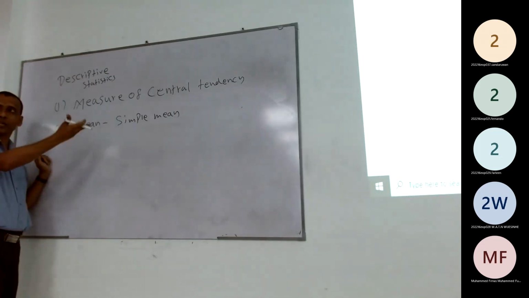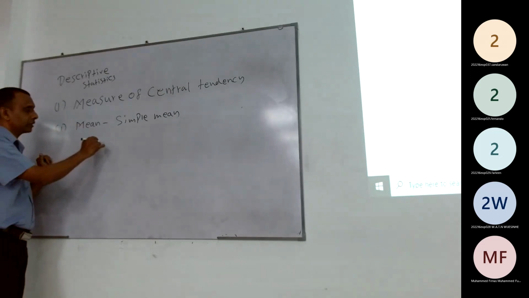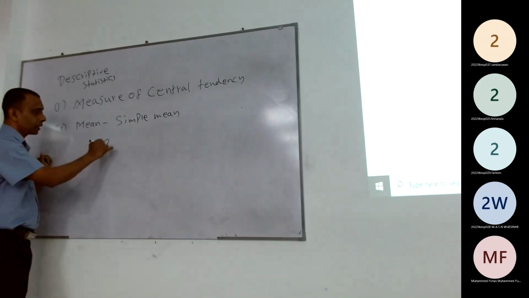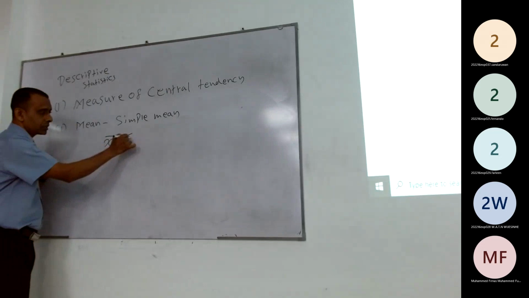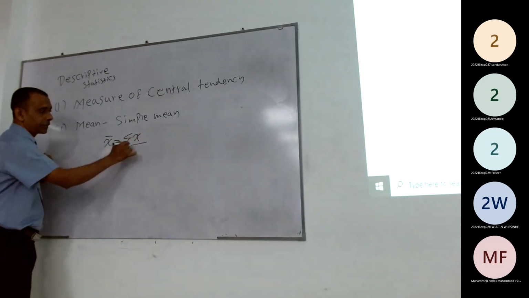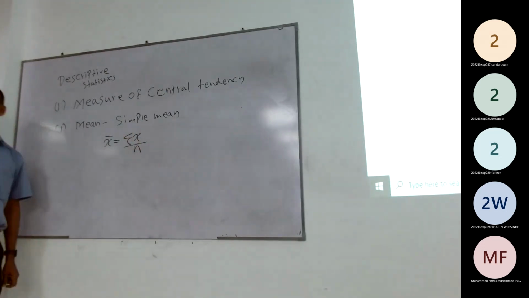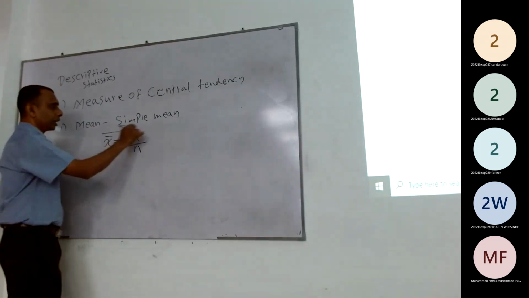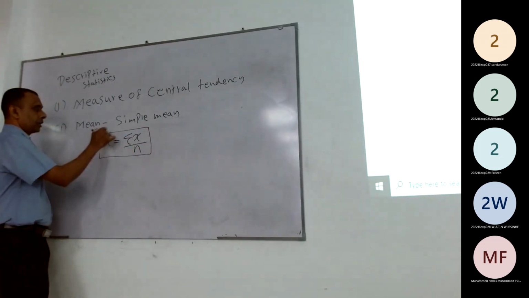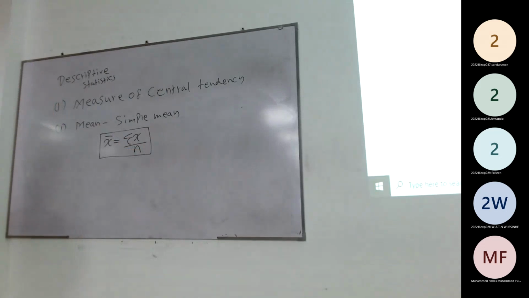Summation of observations divided by n. Then we write the formula: x bar equals sigma x divided by n. That's the formula for a set of observations, sigma x over n.